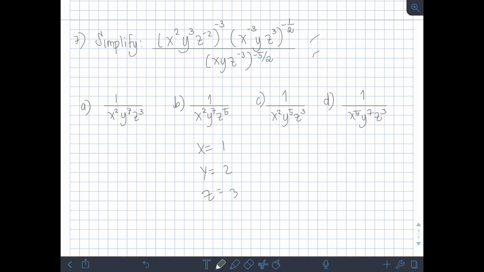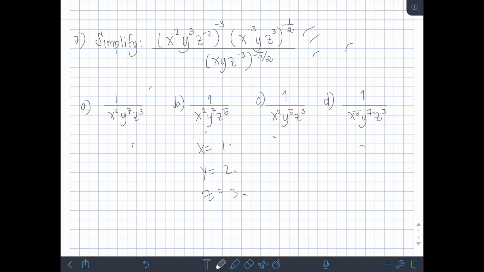Substitute these into the expression and solve with the calculator. Then compare which of the choices gives the same answer as the original when you also substitute x as 1, y as 2, and z as 3.